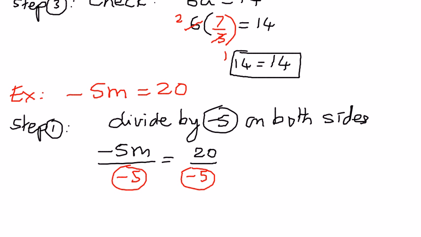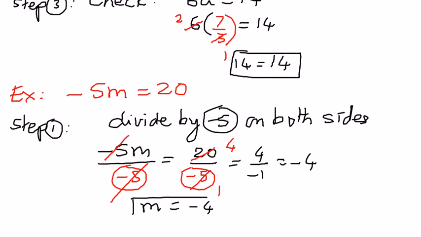So when we do that, the negative 5 in the numerator and negative 5 in the denominator on the left hand side cancel out, leaving us with positive m is equal to, and we can simplify the right hand side. 20 is a multiple of 5, so 5 times 1 is 5, 5 times 4 is 20, and we are left with 4 divided by negative 1. Positive divided by negative is a negative quantity. 4 divided by 1 is 4, so our value is negative 4. So this is our answer. We'll call this step 2. We are simplifying the process in step 2.